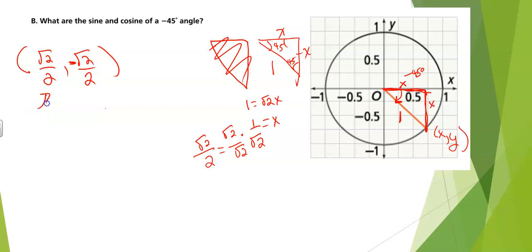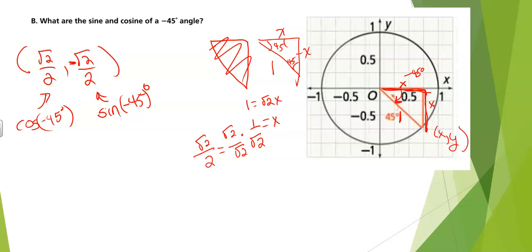And remember, this is the cosine of my angle. So this is the cosine of negative 45 degrees. And then this would always be the sine of 45 degrees, because that's in a unit circle. Shows up like that. Kind of interesting. All right, let's try another one.